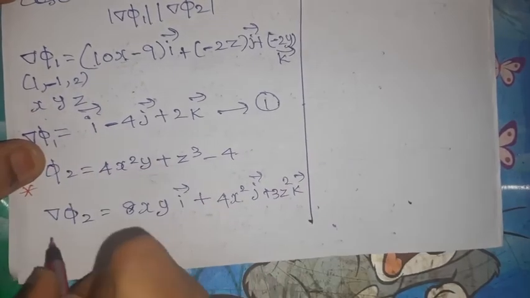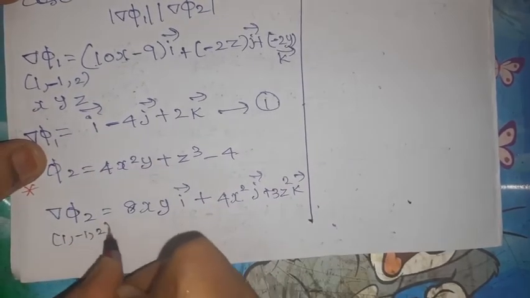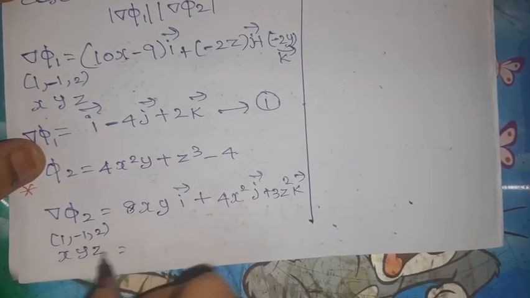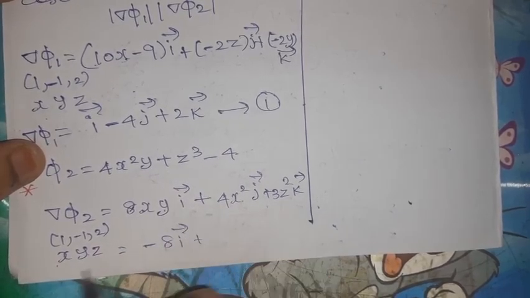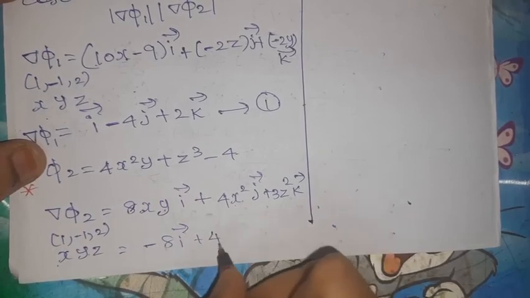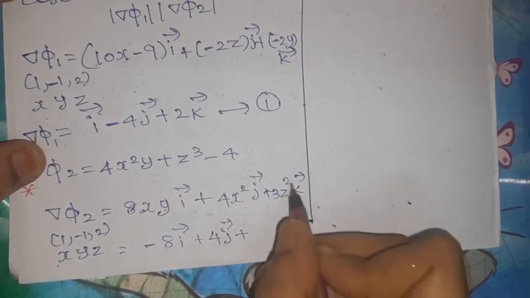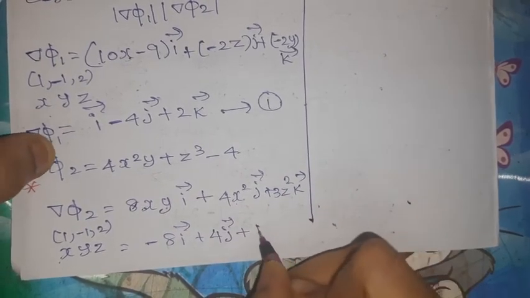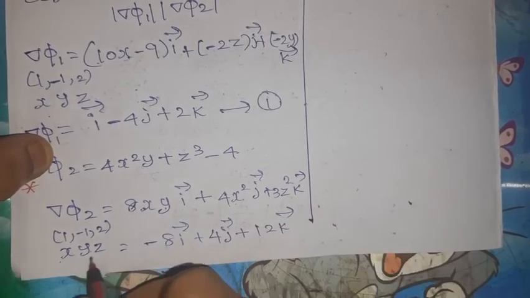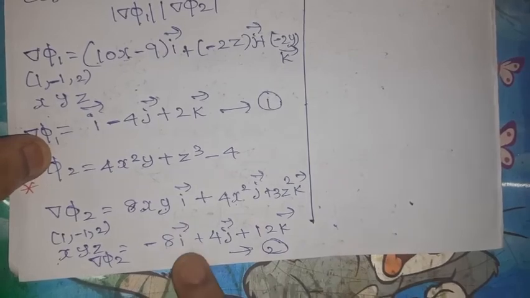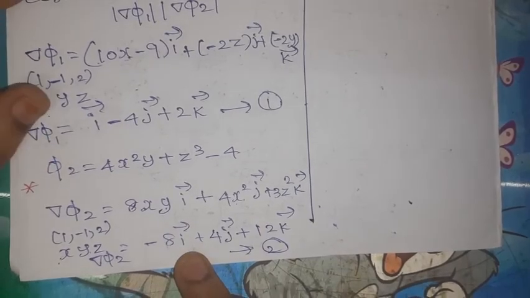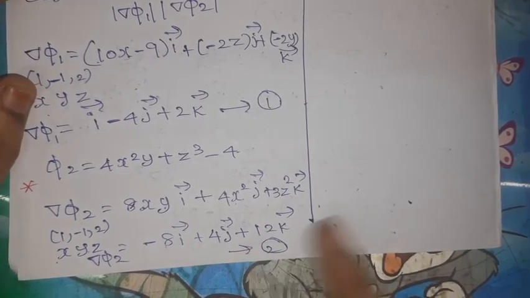Then at the point 1 comma minus 1 comma 2, substitute x, y, z: minus 8i plus 4j plus 12k. So del phi 2 value is nothing but minus 8i plus 4j plus 12k.